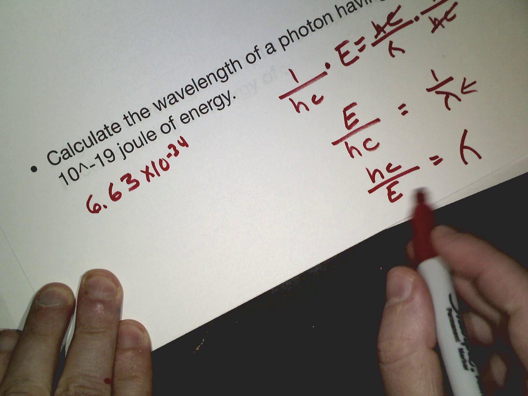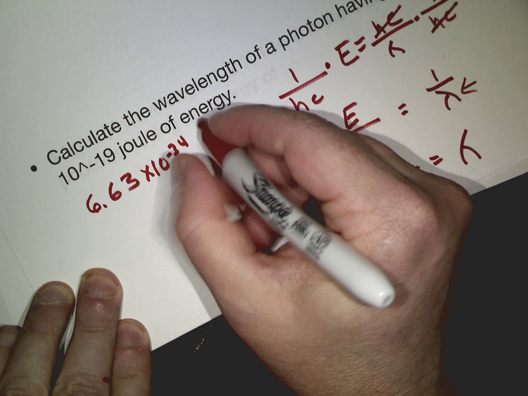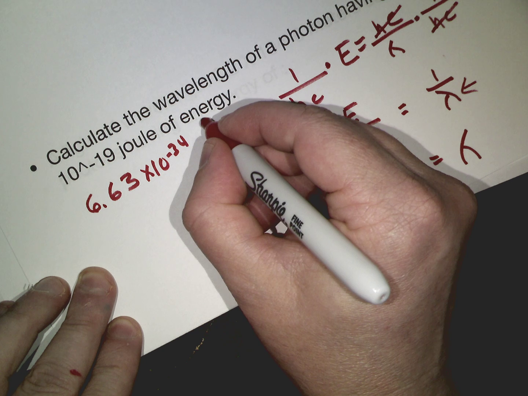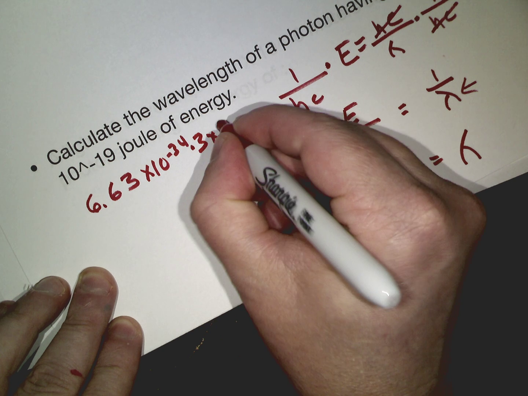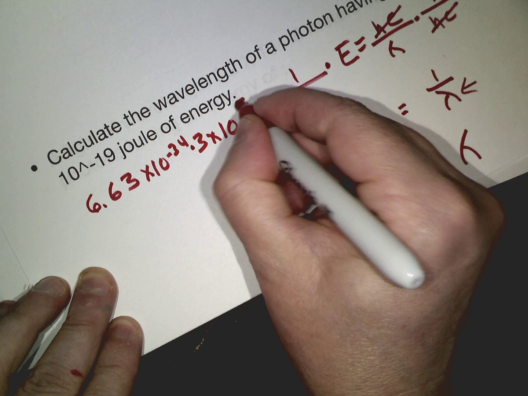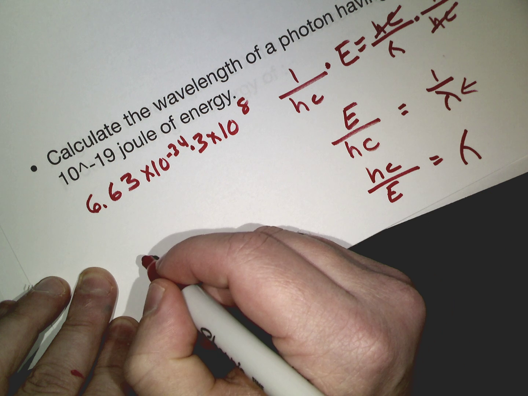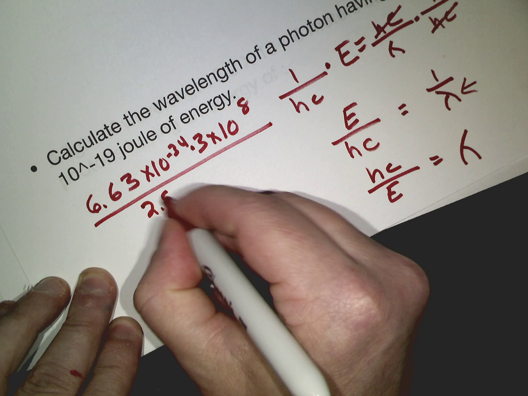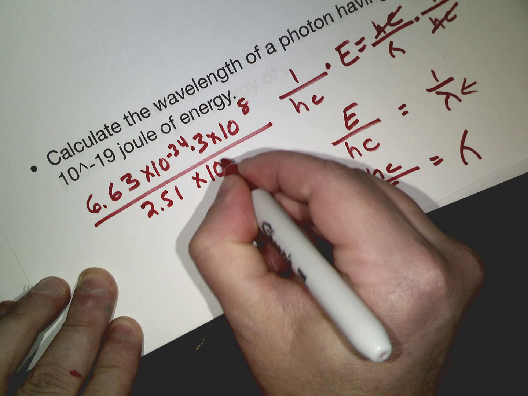And c gives me roughly 3 times 10 to the 8, over the energy that he talked about, which is 2.51 times 10 to the negative 19.